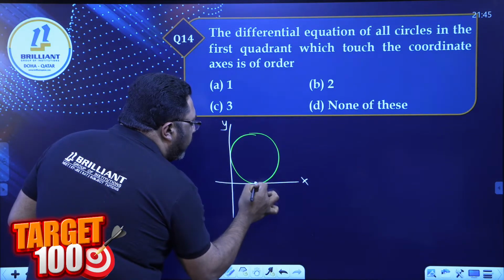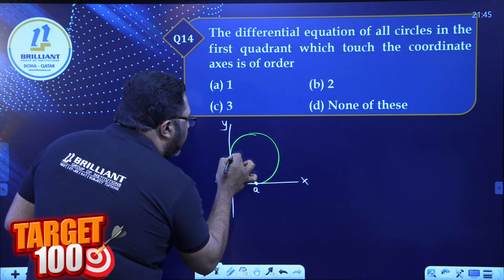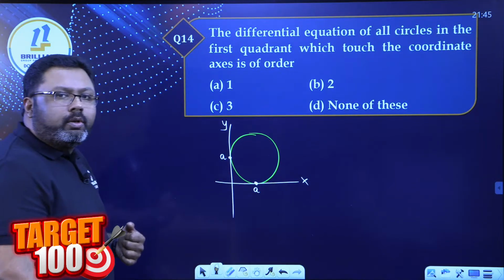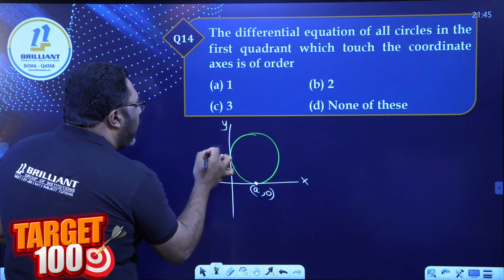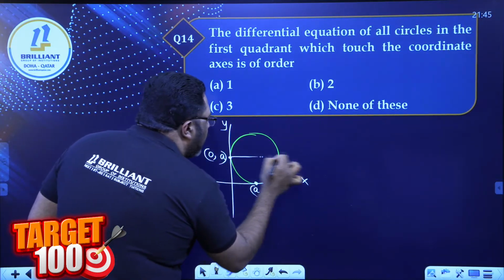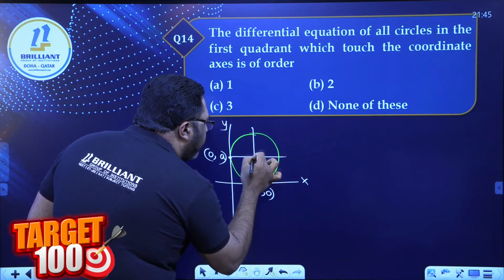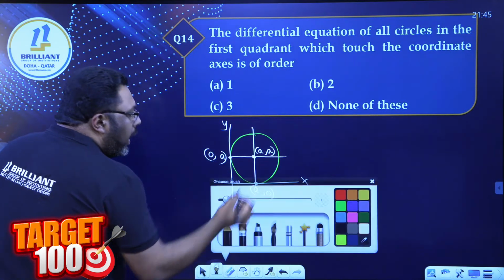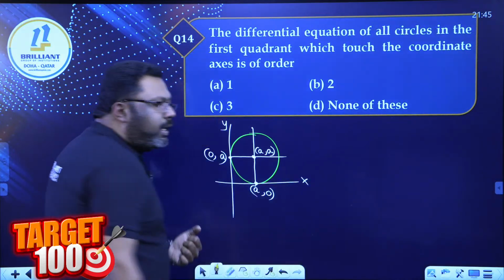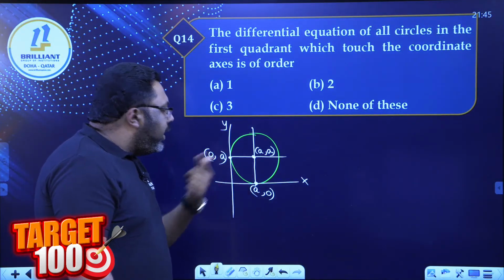Let's say if this is the point A, then definitely this will also be A. No doubt. This is A comma 0 and this is 0 comma A. Then definitely the coordinates of the center of the circle is A comma A. Can anyone in the class please tell me what is going to be the radius of the circle?